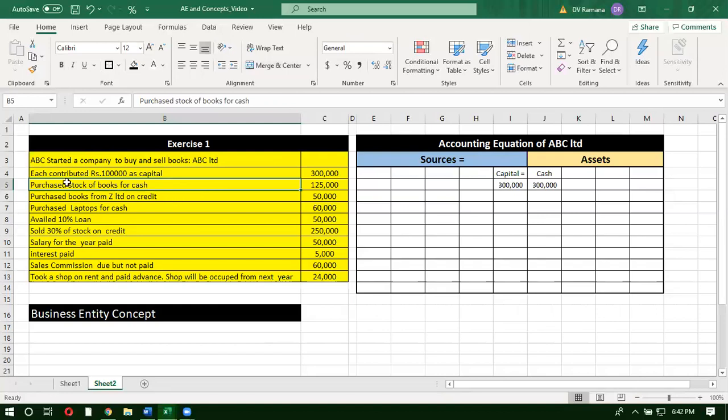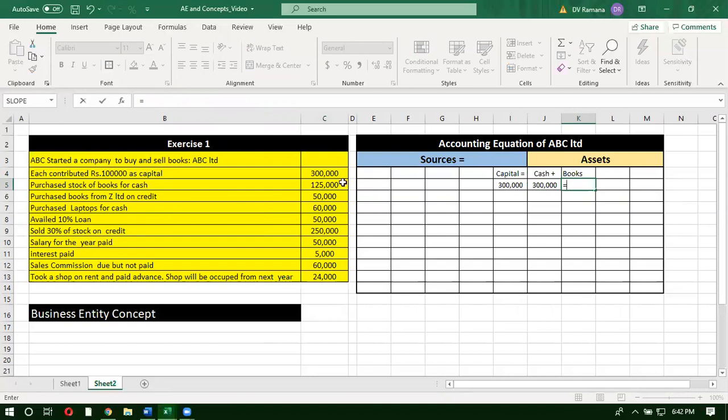They purchase, that means the company purchases books because that is their main business. Purchase books for cash 125,000. So now the company used the cash to buy books.